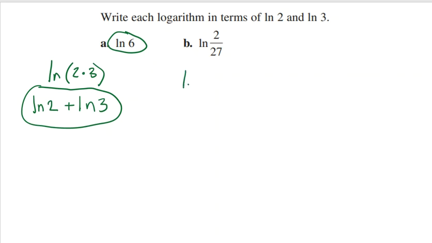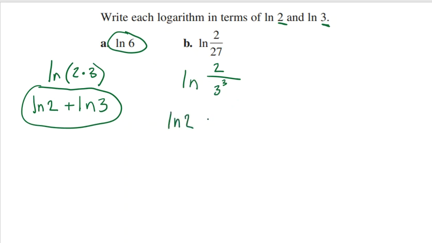This next one's slightly trickier, but I think you'll catch on. So on top, I already have a 2. But 27, I like 2s and I like 3s, right? I want to write this in terms of 2s and 3s. 27 is 3 cubed. 3 times 3 times 3 is 27. So now I could use two properties. First property I'm going to use is the quotient property.